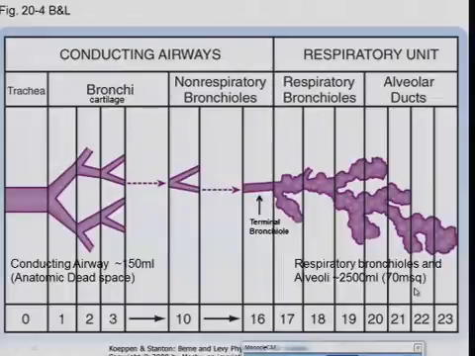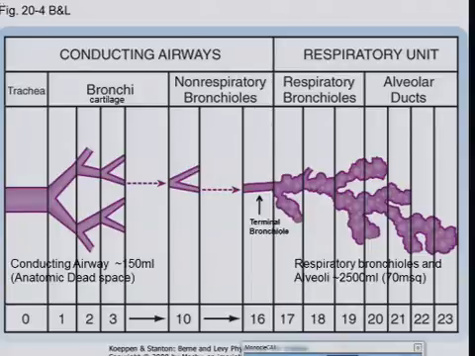Another important thing is the surface area of the respiratory units, which is about 70 square meters, approximately the size of a tennis court. If we were to take our respiratory portion of the lung and spread it all out, it would cover a tennis court. That is a huge amount of surface area.